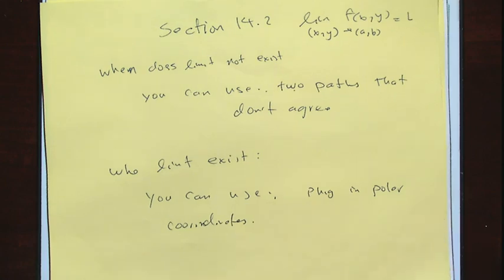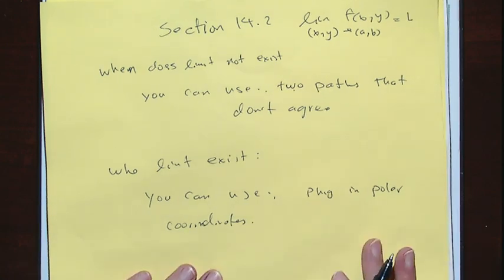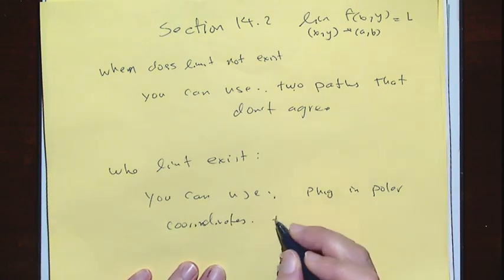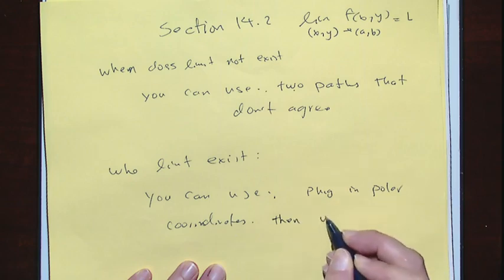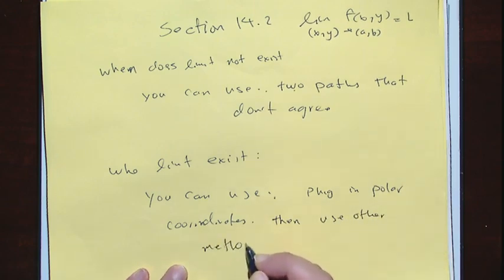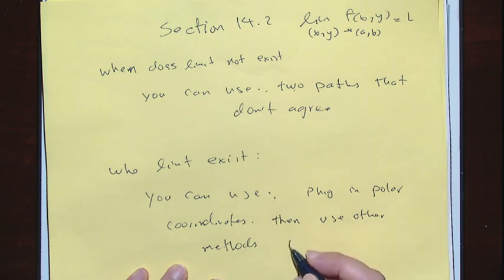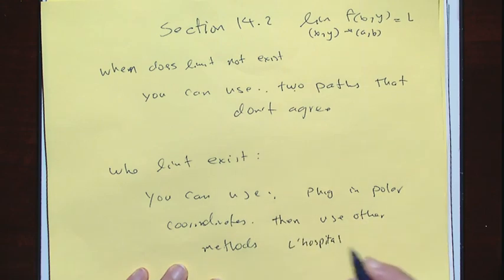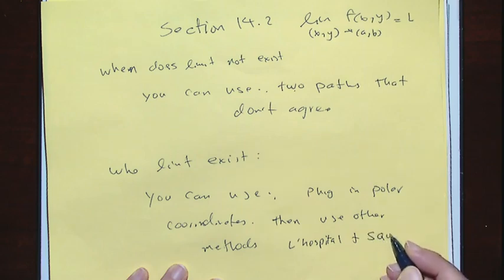Polar coordinates tell us that the distance is getting smaller and smaller. Then use some other method. So far we did L'Hopital and squeeze theorem.